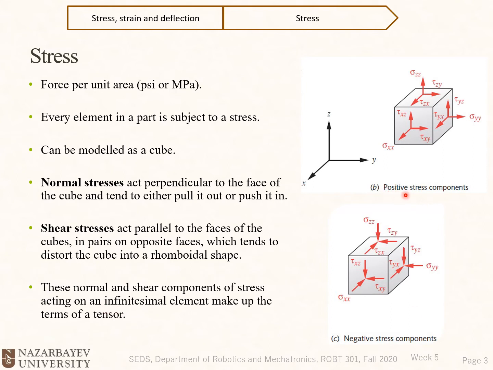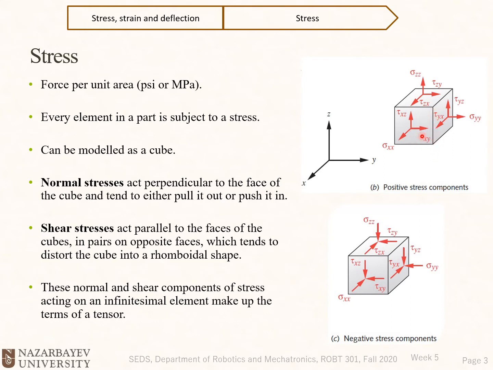Here we have positive stress components, and here we have negative stress components. So for the normal stresses, it's very clear. They are tensile stresses and they are outward. And for shear stresses, you see they point to the same edge.